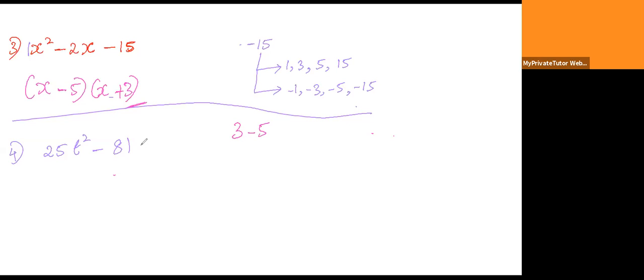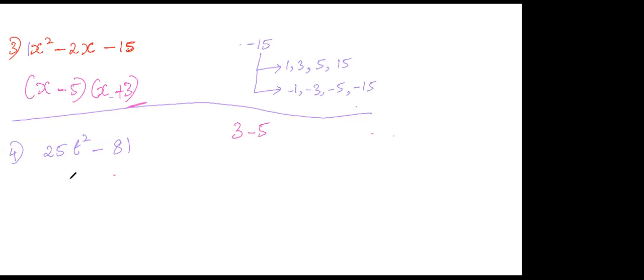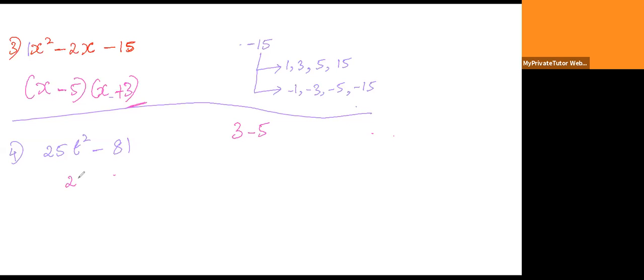So we have 25t squared minus 81 to take the factors of. We can solve this question using the identity, the formula. 25 is nothing but 5 squared, and t squared we already have. What is 81?